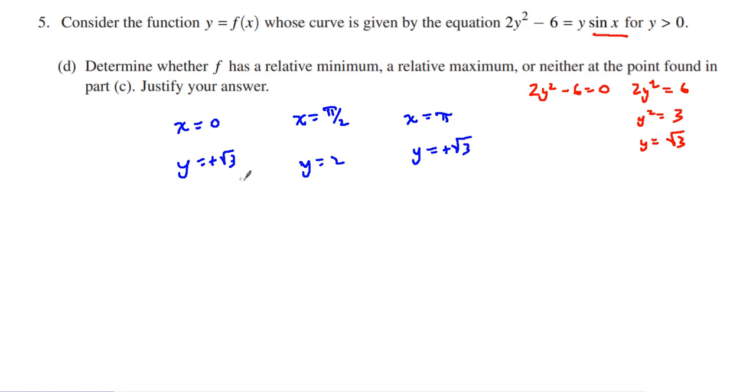Now let's think about this logically. Positive root 3, is that bigger or smaller than 2? Well, we know root 4 is bigger, so that means this guy's a little bit smaller.